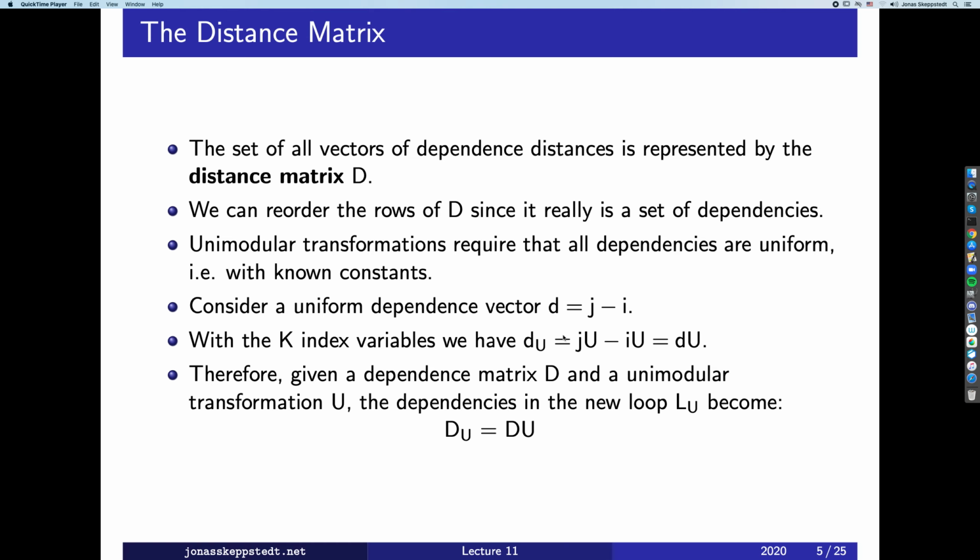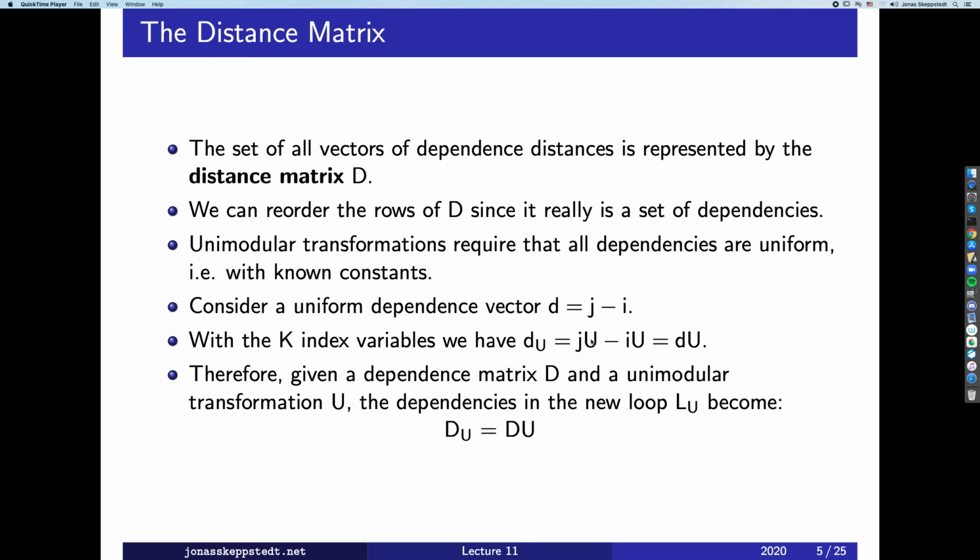If we take a distance vector or dependence vector with the known constants d, then in the transformed loop using the k variables, the distance vector will be this instead, since we compute the k from the original index variables and the transformation matrix.